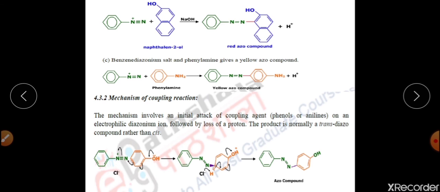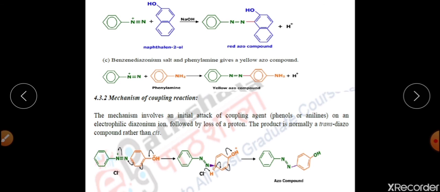I was talking about the pH for the reaction, that pH plays a vital role. For example, in case of phenolic component, if we use too basic pH, at that time what will happen?